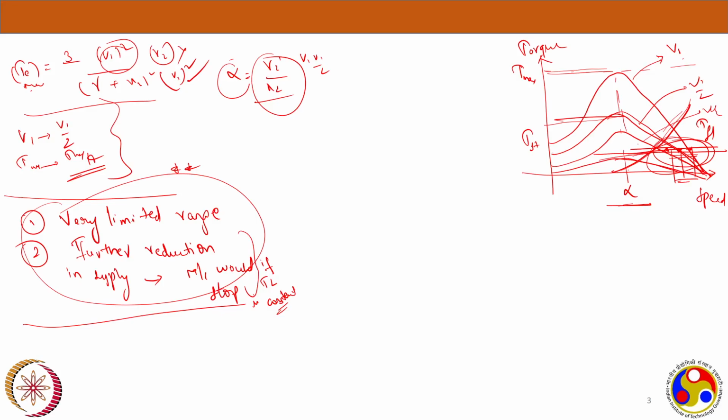Now all these techniques require extra setups, external resistances, making the rotor bars of a motor accessible. But we are still getting only a limited speed control. It's not much good even if we do all of that.